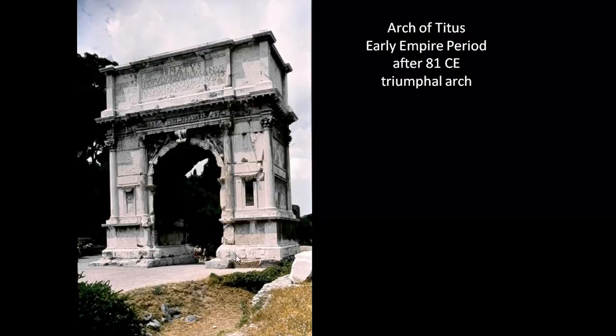The function is commemoration. Now, with the name triumphal arch, you might assume that that function is commemorating military victory, and most often it was. But we also can see, and I have an example to show you, some more mundane reasons why a triumphal arch would be built, to pretty much just celebrate anything.